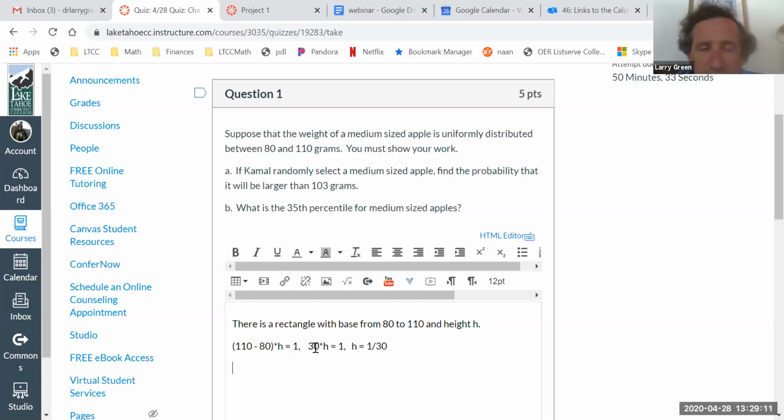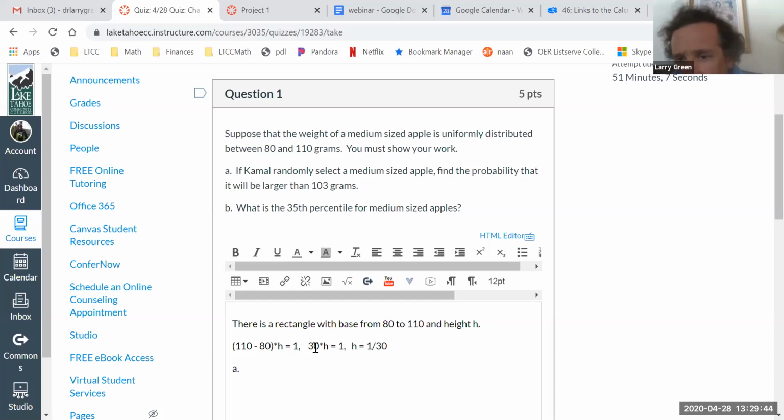Any questions just on the preliminary part of this question? And that is, how do you get the height of this rectangle? Because we're going to need that for A and B, actually. Okay, so now what we need to do is part A. Right now I just got that the height of the rectangle is 1 over 30, right? Because the base times the height has to equal 1, and the base was 30.